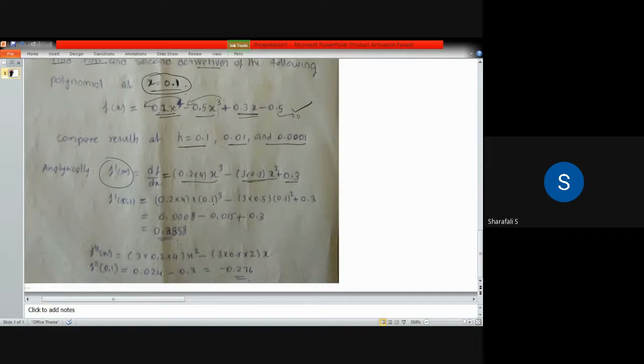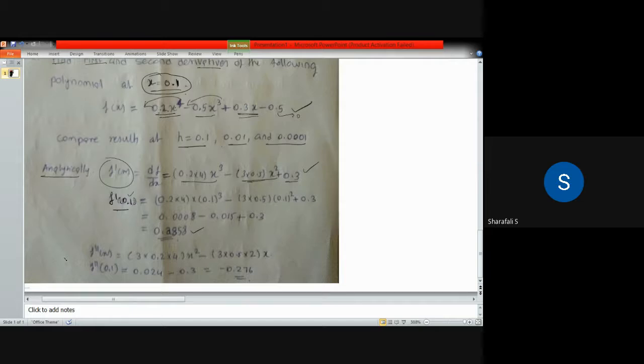So we get an equation like this for f dash of x, and we have to find f dash of 0.1. If you substitute 0.1 for x in this equation, you will get 0.2858 as your answer. That is analytically. So we are just doing this differentiation analytically and substituting the x value.